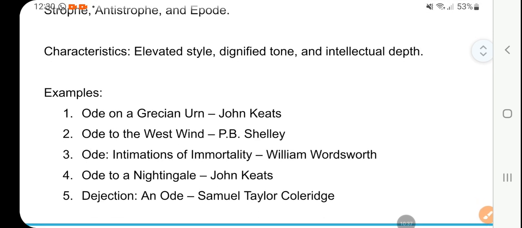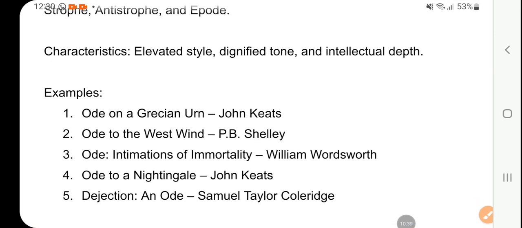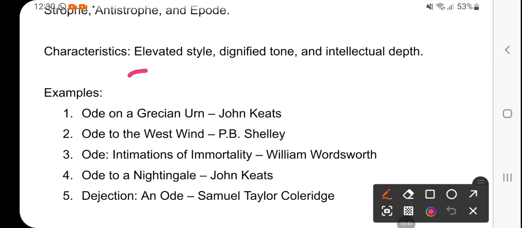The characteristics are an elevated style, highly elevated in fact, a dignified tone, right? And intellectual depth. An ode is not everyone's cup of tea. It cannot be written by everyone, because it needs intellectual depth.